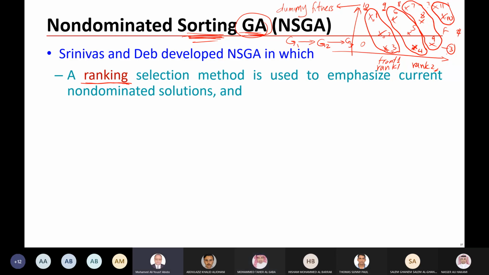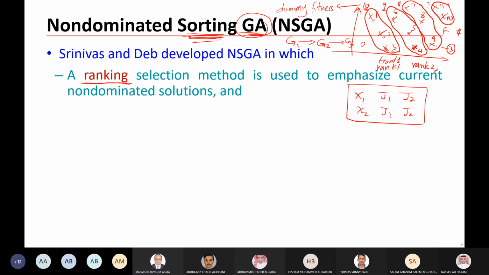The addition here over the genetic algorithm is that for each solution, of course, you can calculate J1 and J2. For X2, you have also J1 and J2, right?